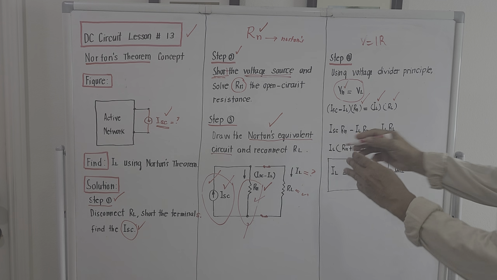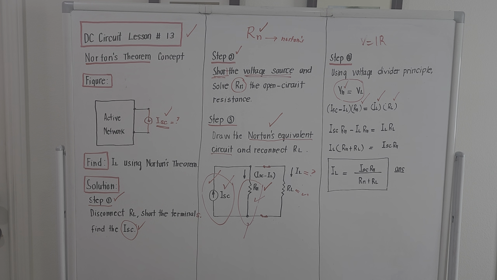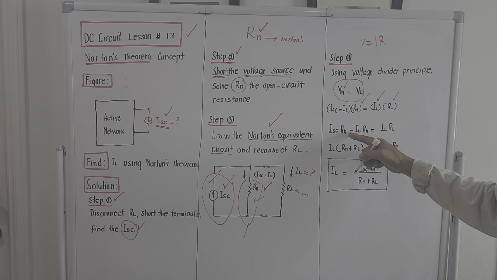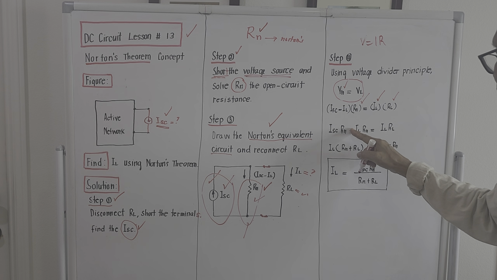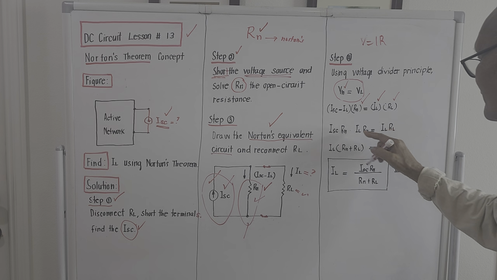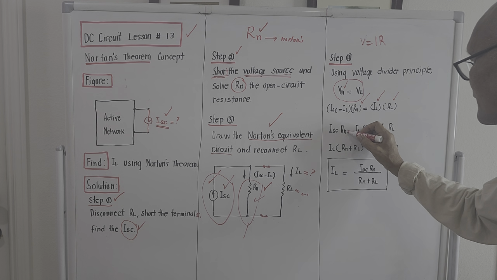And if we try to simplify this, I_SC R_N minus I_L R_N equals I_L R_L. Then we'll place this one on the right. So it will now be plus, and this will be an equality.